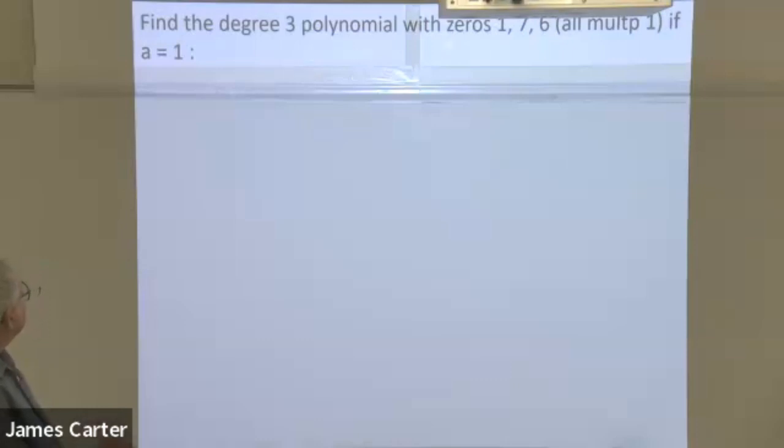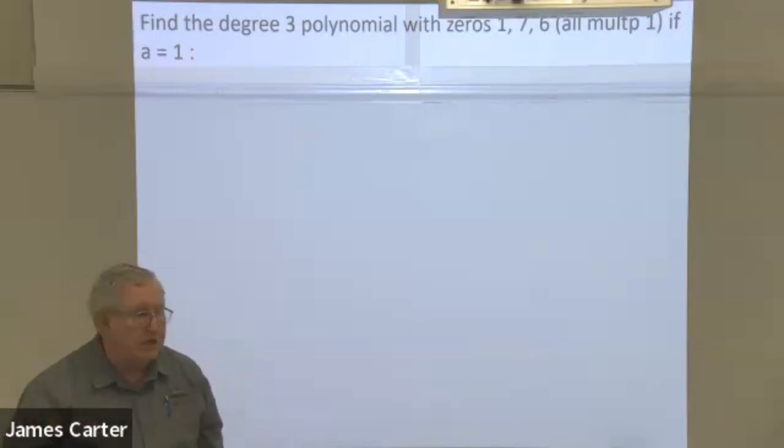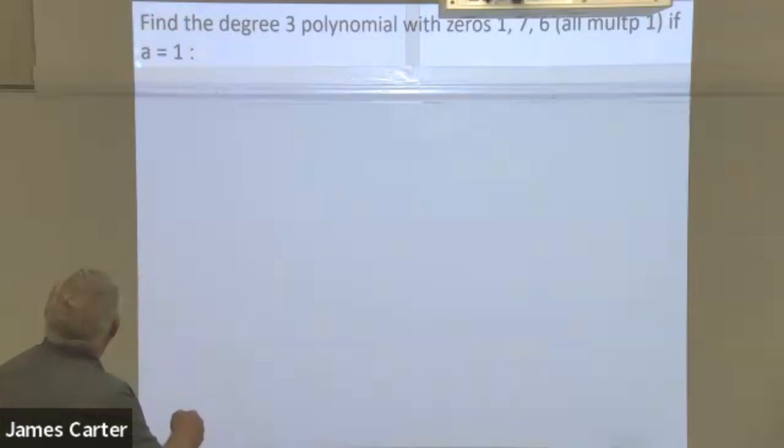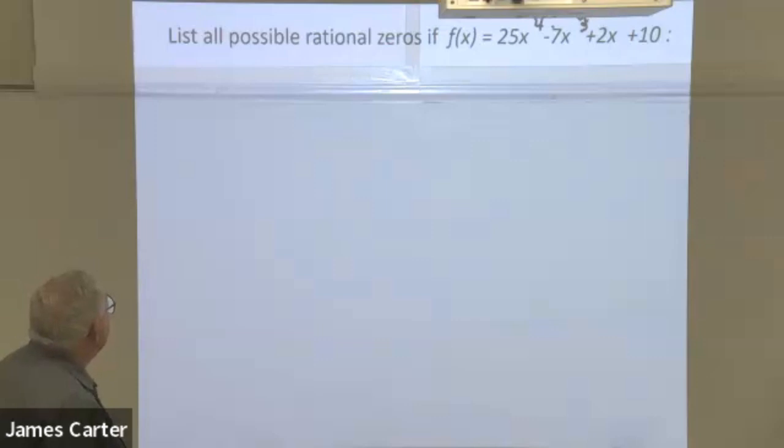Okay, find the degree 3 polynomial with zeros of 1, 7, and 6. All of them are multiplicity 1. That means they're just going to be one factor instead of a squared factor. And it tells you A is 1, which basically means you don't have to worry about it. Okay? So, how do we do that?